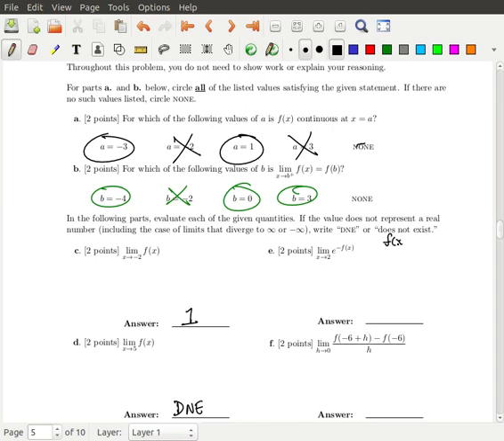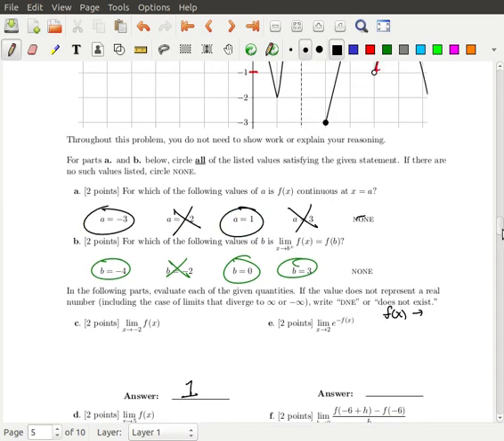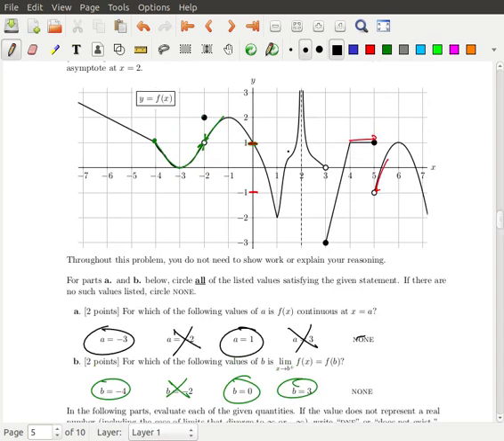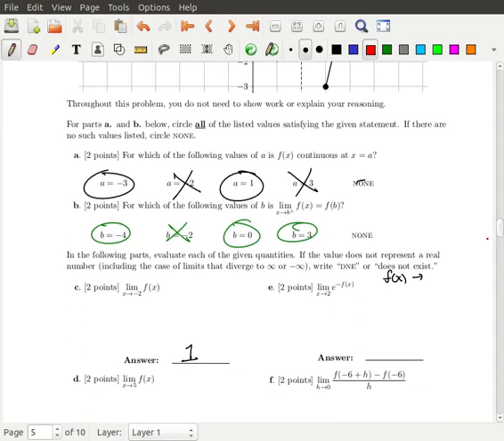So f of x, as we approach 2, what's happening to f of x? It looks like from the left, it's going up to plus infinity. And from the right, it's also going up to plus infinity. So f of x is going to go to plus infinity. If f of x is going to plus infinity, what's happening to the whole exponent, negative f of x?